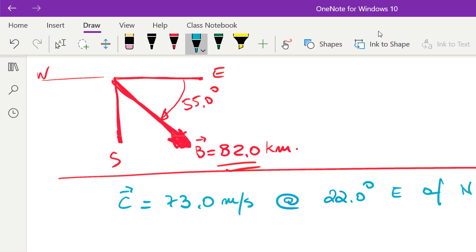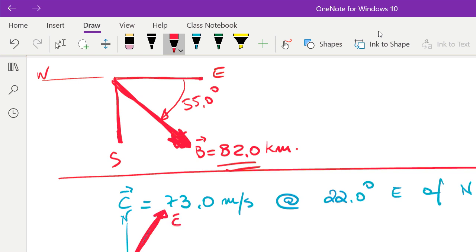So now we are between north and east. Where is the vector going? The vector is going east. Starting from which point? Starting from north. At how much? 22. Let's make it with the red one.